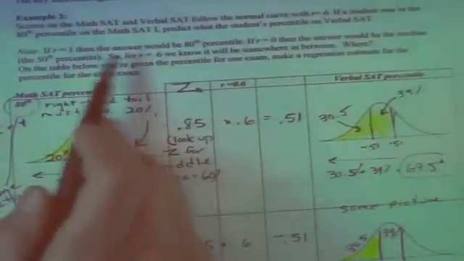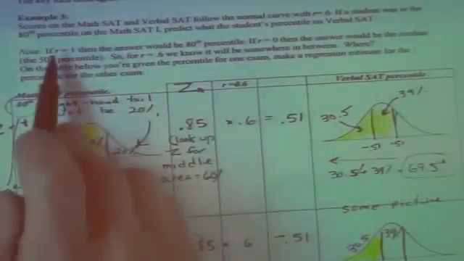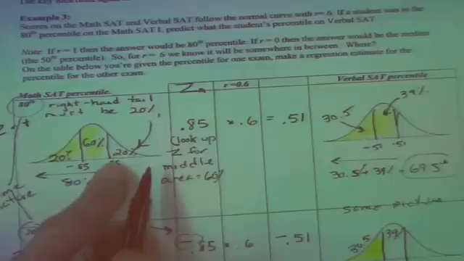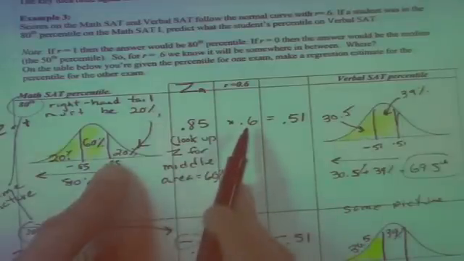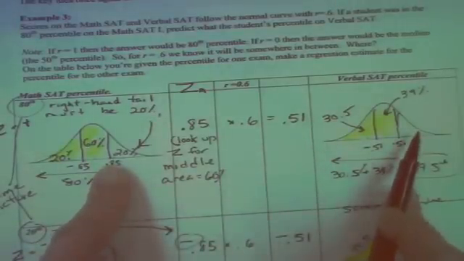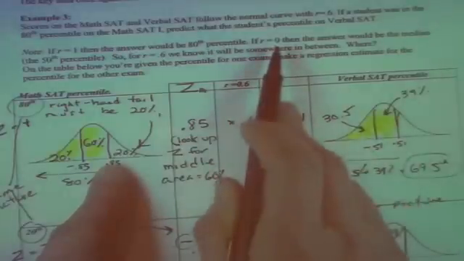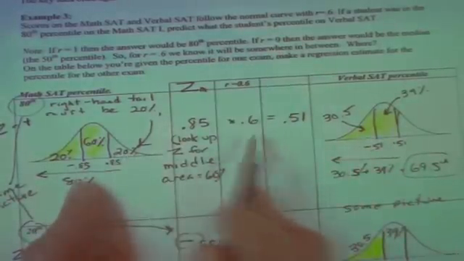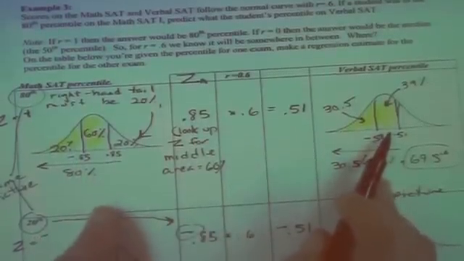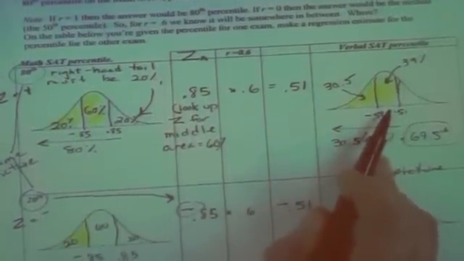Look, if R was equal to 1, then the 80th percentile would match up. You'd multiply by 1, you'd get 0.85, and you'd get the 80th percentile again. If R was equal to 0, then you'd multiply by 0 here, and your best guess would be right dead in the middle at the 50th percentile.